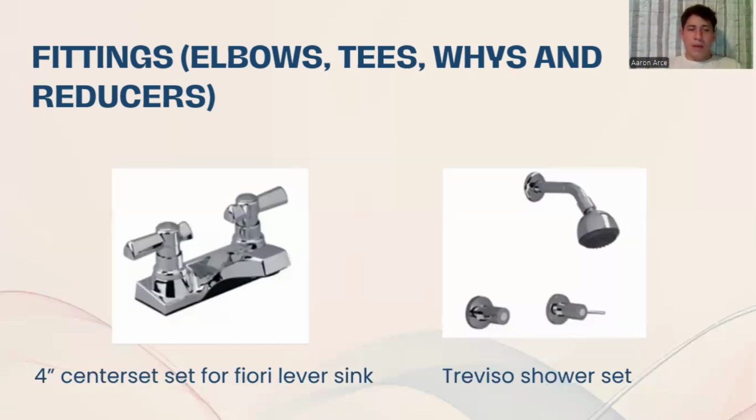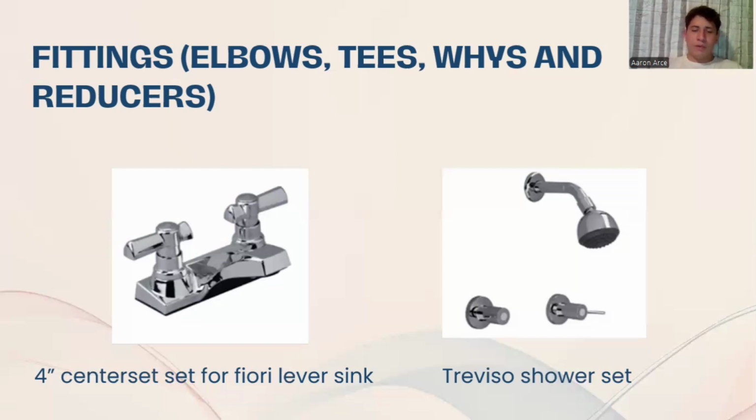Next, on the left the central sets for the faucet and on the right the shower sets. The elements touched with the water will flow directly to the inhabitants, such as a hot shower, and the central legs are made of brass, an alloy of copper and zinc.